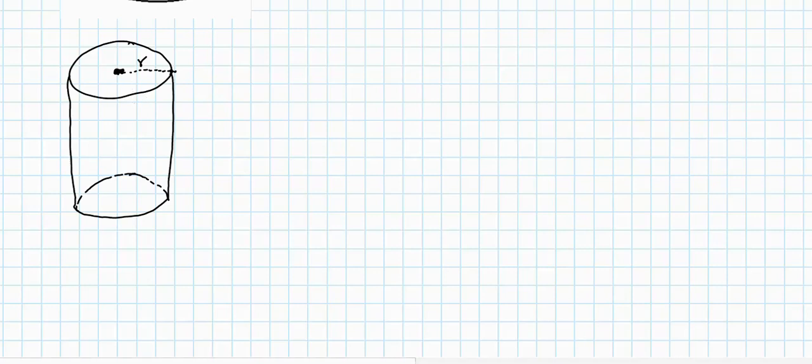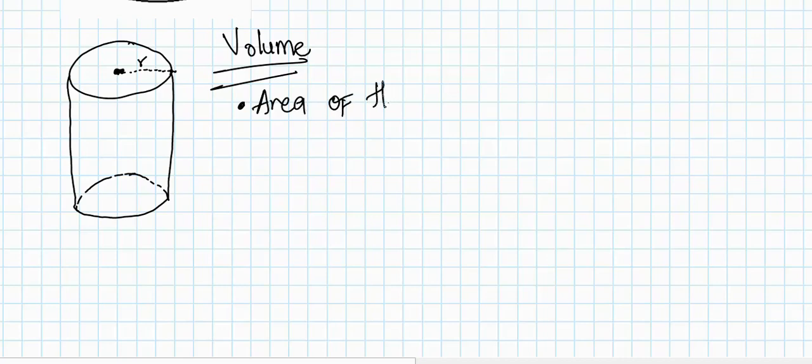Now for you to be able to find the volume of a cylinder, you need to understand the following. You must take the area of the top part, multiply that with the height.